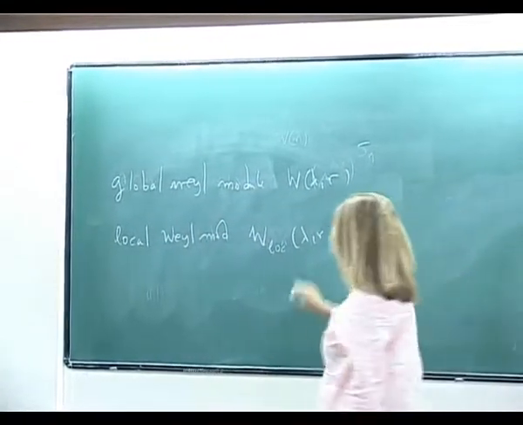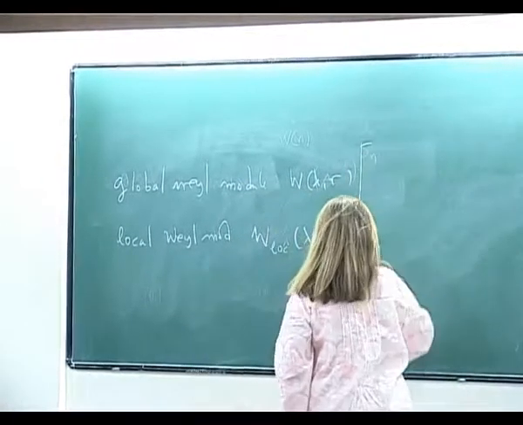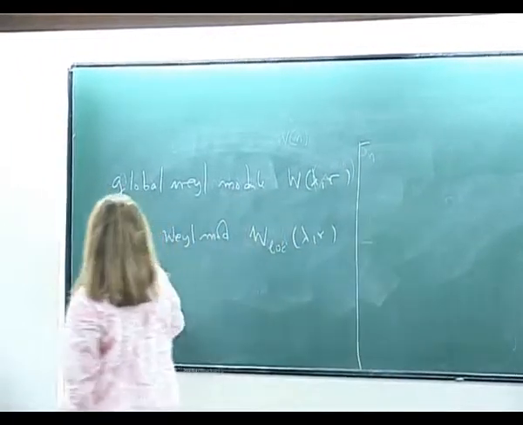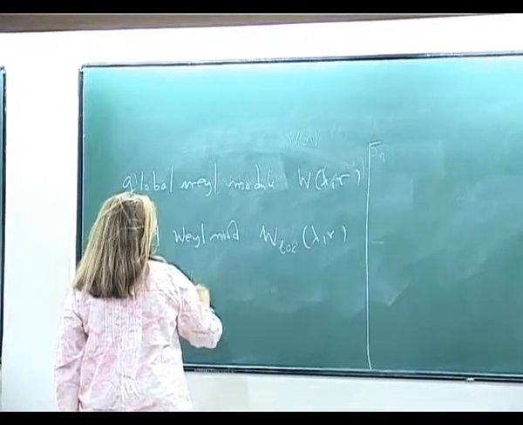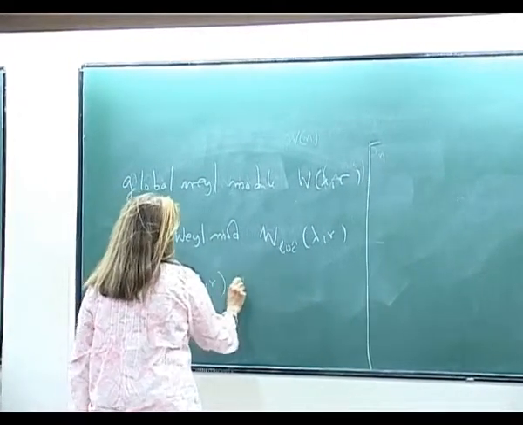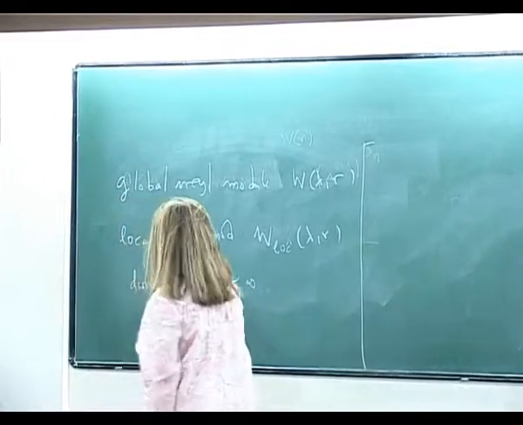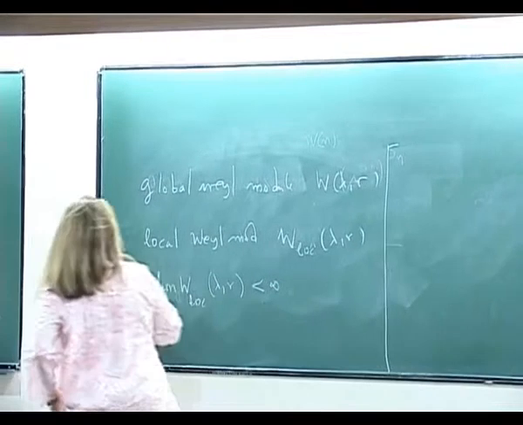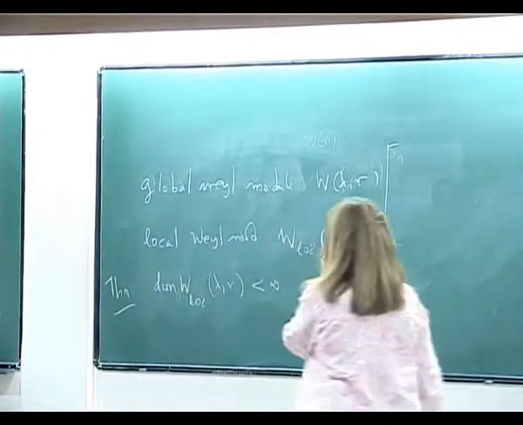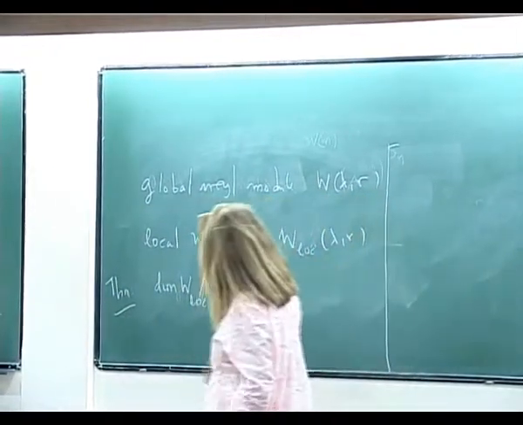And as I've said many times, these local Weil modules are finite dimensional, and today I want to sketch a proof. So the dimension of W log lambda R is finite. Okay, so this is a theorem, if you like. And in fact, one can say exactly what it is.